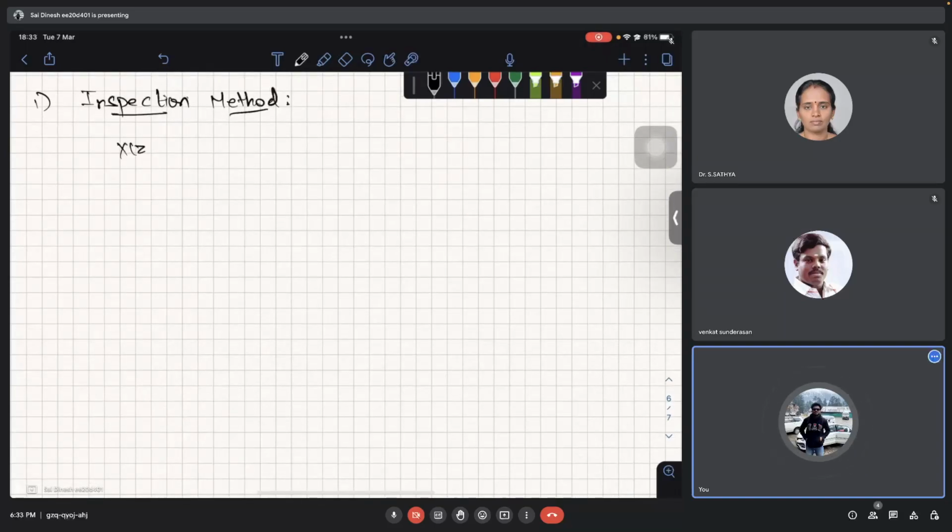Let's say X of Z is 1 by 1 minus 2 z inverse, and then ROC is mod z greater than 2. In this case it will be like 2 power n u of n.